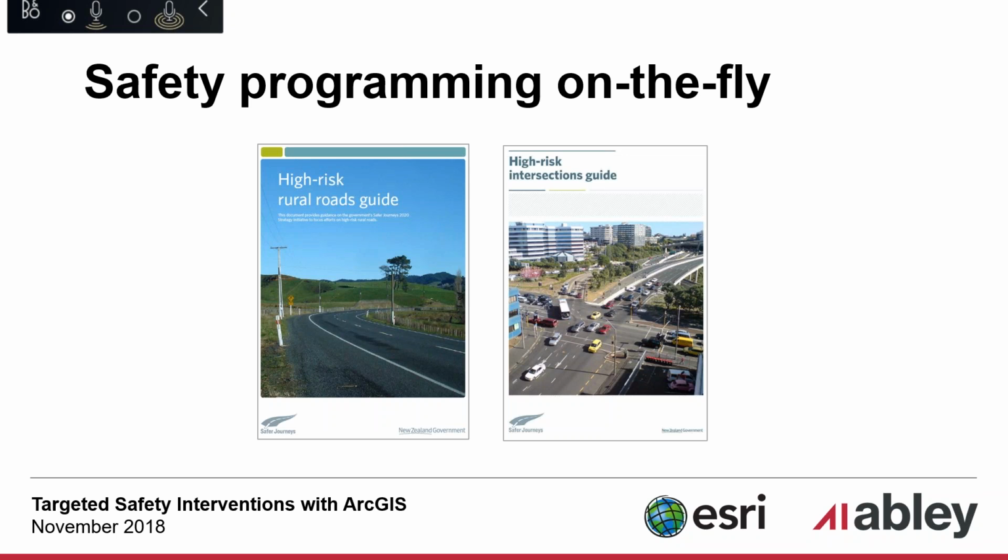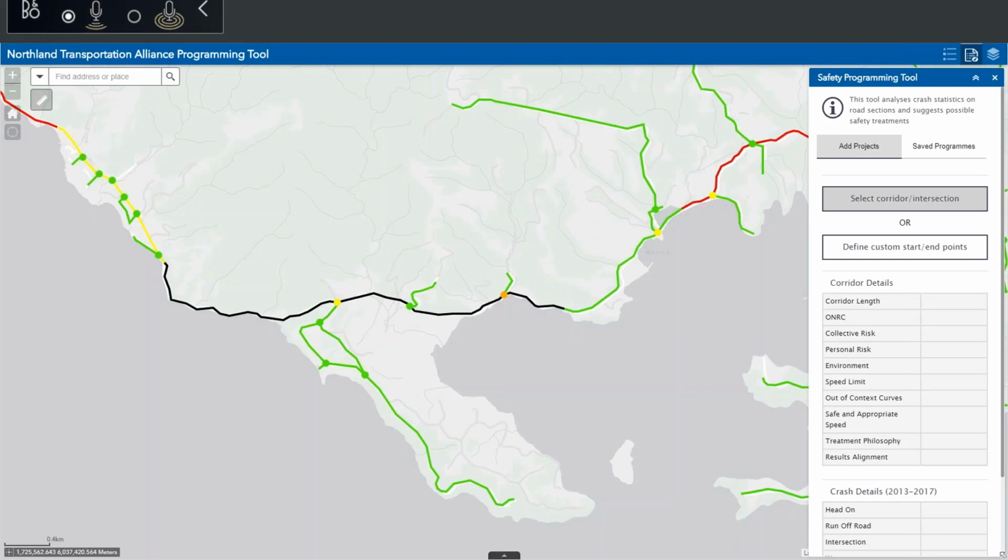We've collated all of those for different treatment types, and we've assigned those to different parts of the network depending on a very wide range of factors, including the functional classification of the road, whether it's urban or rural, and also the risk profile and risk attributes of that section of road. And that's all stored away in the background, and we have a number of decision trees that are used to identify suitable treatments depending on the part of the network that's selected.